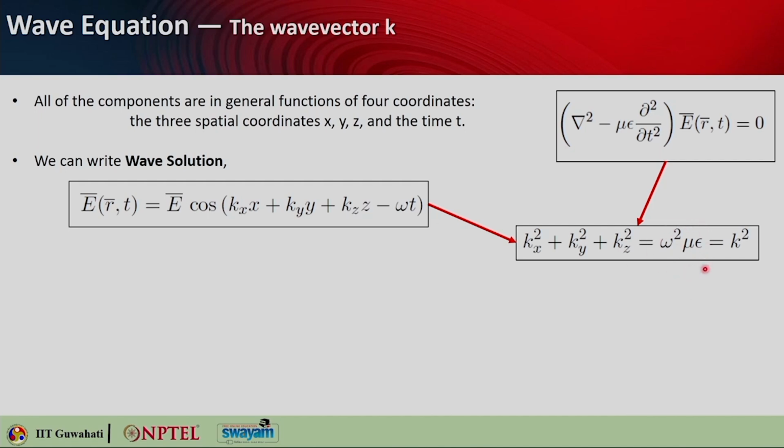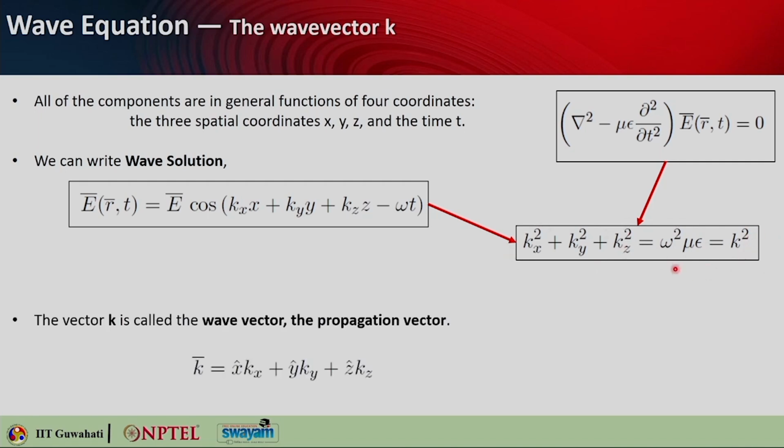This you can write again as k square. So you actually see the same equality that we have seen before. You can write omega times square root of mu epsilon equals k. One by square root of mu epsilon is nothing but v, so omega by v is basically k.